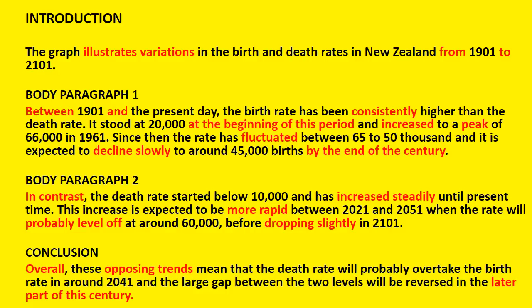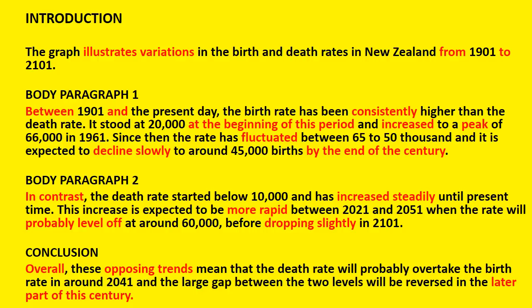Now whatever analysis we made, that we are going to describe here. The birth rate has been consistently higher than the death rate. It stood at 20,000 at the beginning of this period and increased to a peak of 66,000 in 1961.